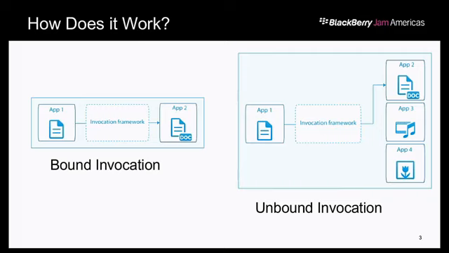The second type of invocation is an unbound invocation. That's where you don't necessarily know which application needs to launch, or even better, you're going to let the user decide which one they want to use. The invocation framework on the device will know what types of applications can handle a particular task. So if the user clicked on an image and I want to bring up a picture viewer, your application basically asks the invocation framework, who out there can view these pictures?